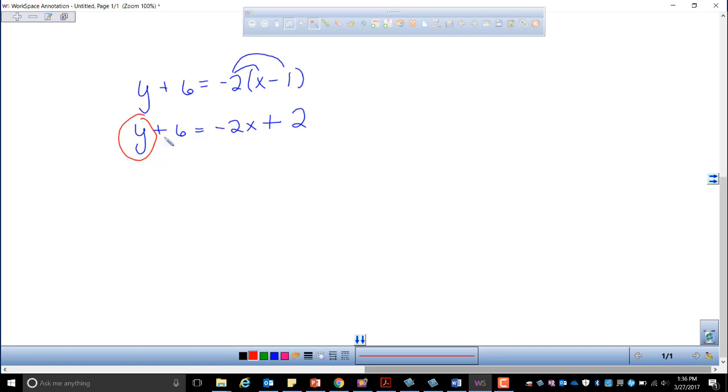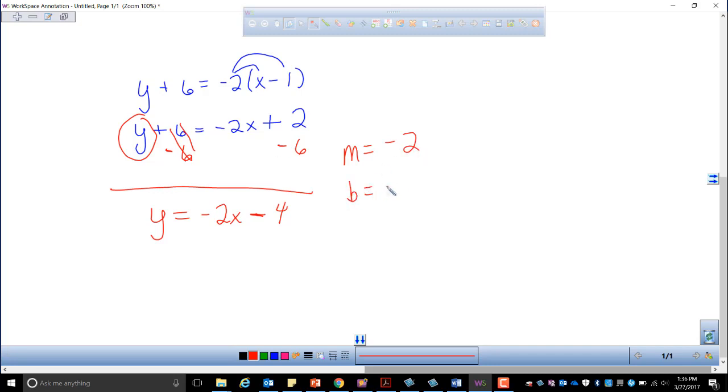So instead of plus 6, it's going to be minus 6 and minus 6. So cancel. Y equals negative 2x. 2 minus 6, if you use your calculator, that'll give you minus 4. And then you're going to tell me the slope is negative 2. The y-intercept is negative 4.